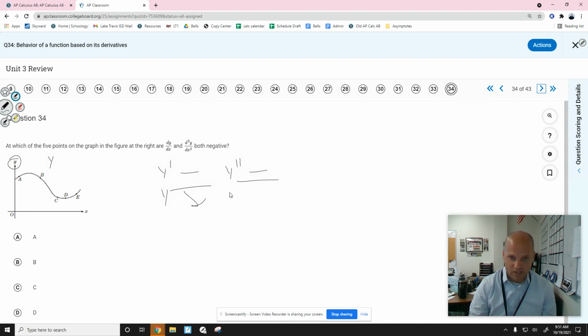If y double prime is negative, y prime is going down, which means y is concave down. When is y going down, concave down? Going up, concave down. Going down, concave down. Going down, concave up. Derivative 0, so constant. Going up, concave up. So like constant concave up, increasing concave up. So going down, concave down, B.